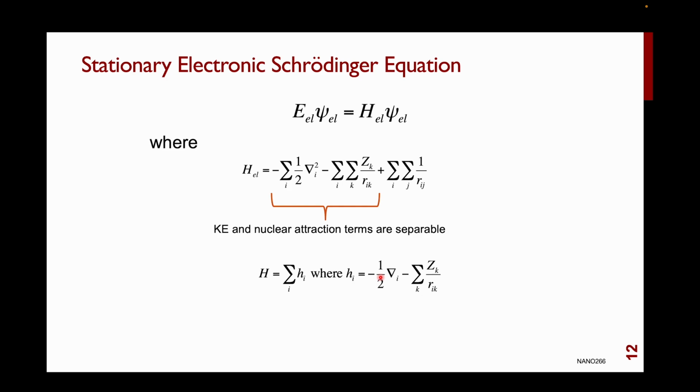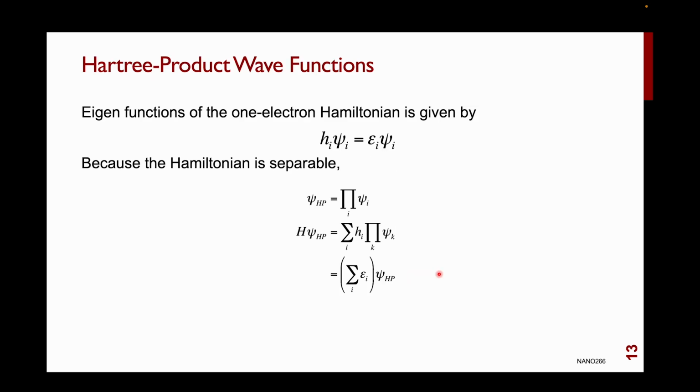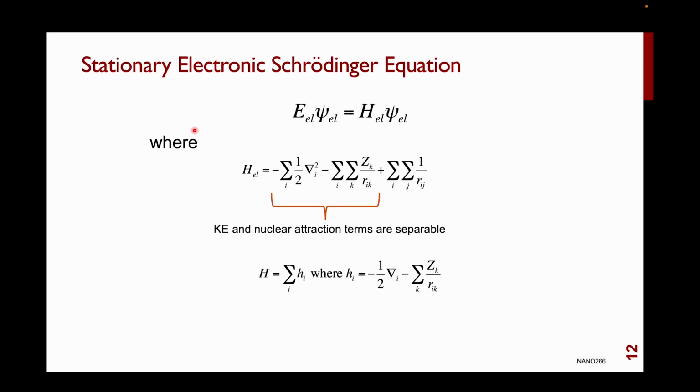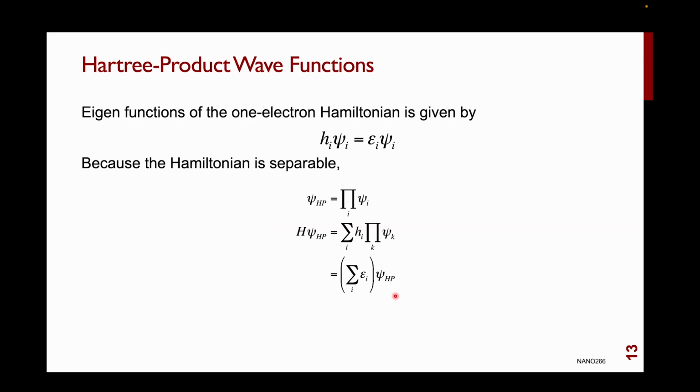Now, how do we actually use this? If our electronic Hamiltonian is separable, we can treat each electron in terms of Hartree-product wave functions.